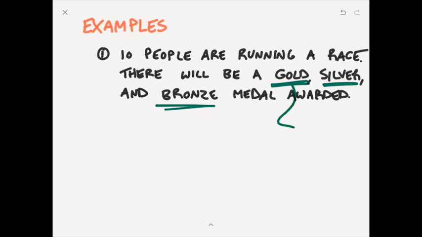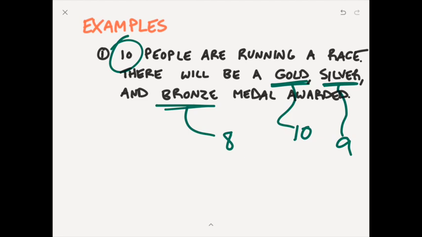Gold is obviously the person who finished first, and there were 10 people in the race, so there were 10 people available to fill that slot. Once that first person crossed the finish line, there were only 9 people remaining who could fill that second silver slot, and 8 people after that to fill the bronze slot.